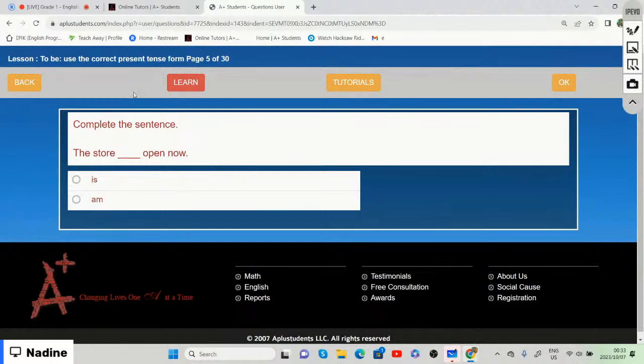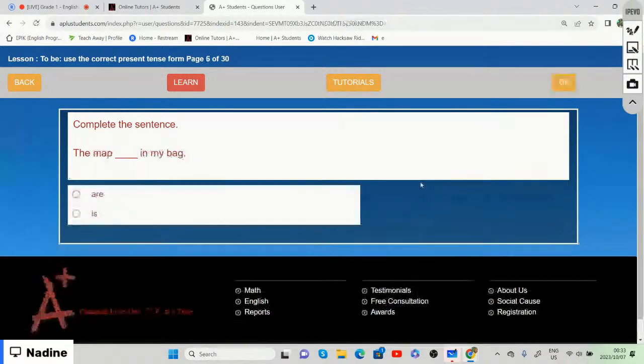It refers to only one place that is open. We'll say the store is open because it's only one store that is open or one place that is open. Good job. Yes, so is correct. So well done, both of you.